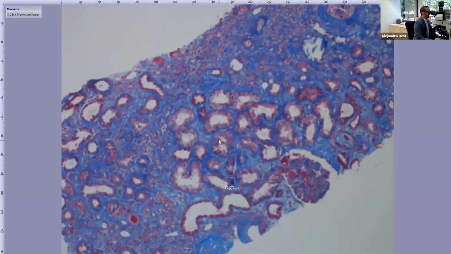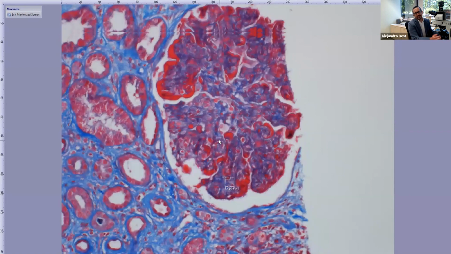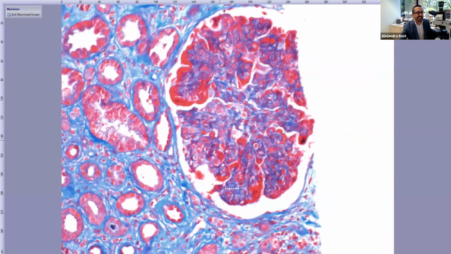These deposits are very fuchsinophilic. So if you look at this, this is beautiful. Sorry, I'm a pathologist, so I get very excited about this. But you see how red this is. This is strongly fuchsinophilic. And even if you had missed them on the PAS, really, the trichrome brings them out.